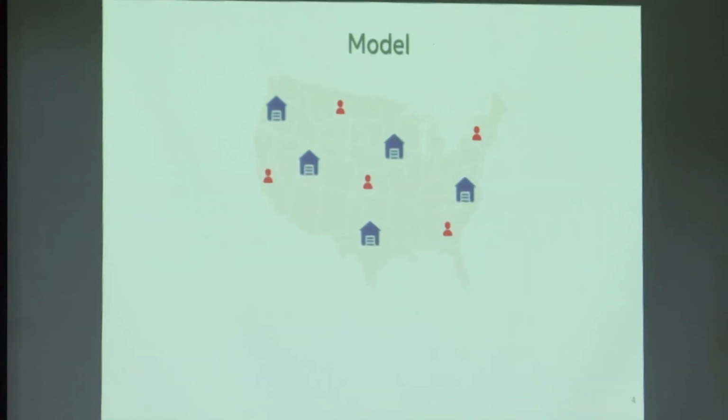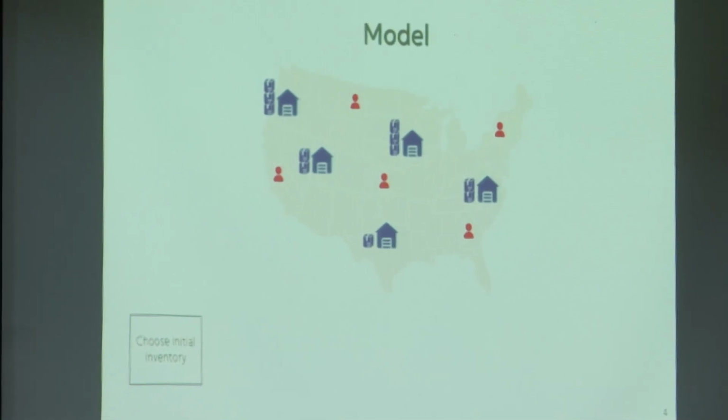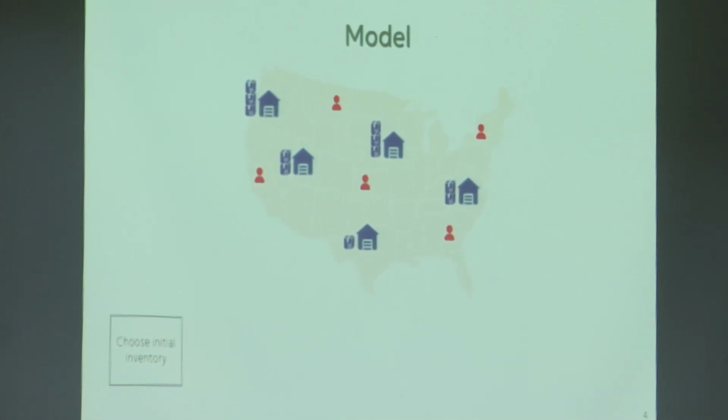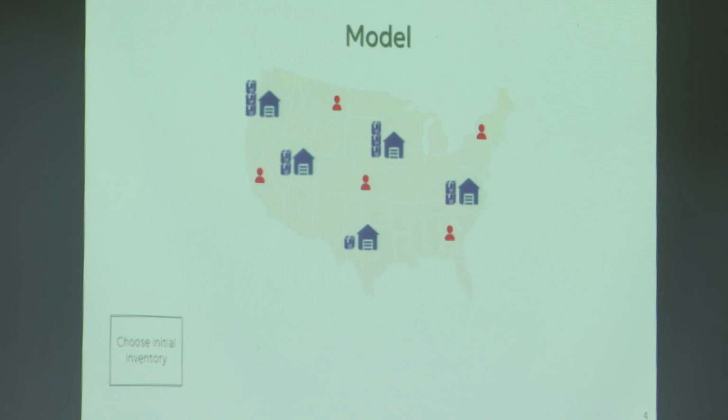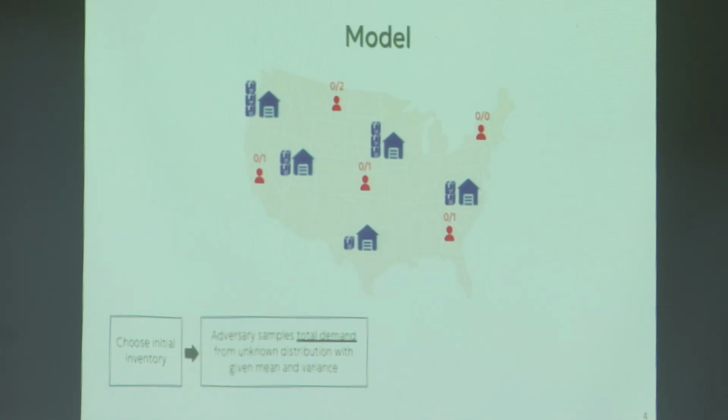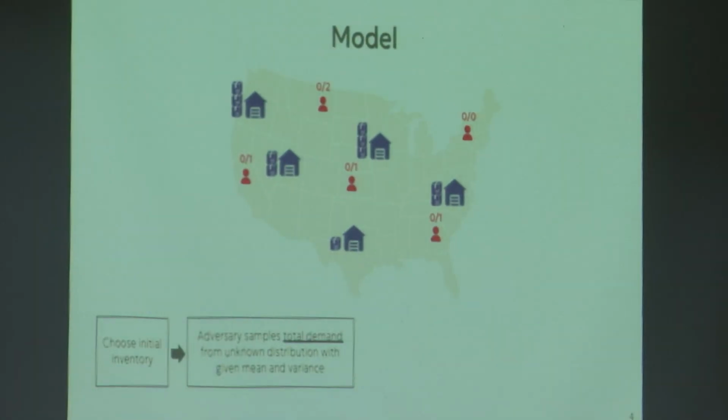You have multiple locations. You choose an initial inventory of a single product for all the locations, and then the adversary observes your inventory solution and picks a worst case distribution from that moment-based ambiguity set.